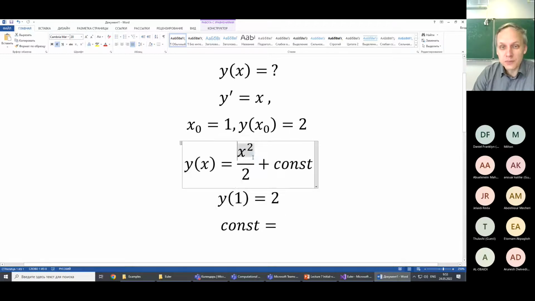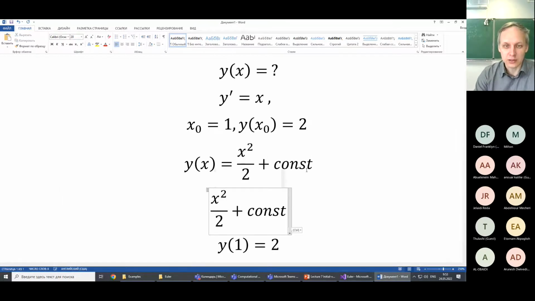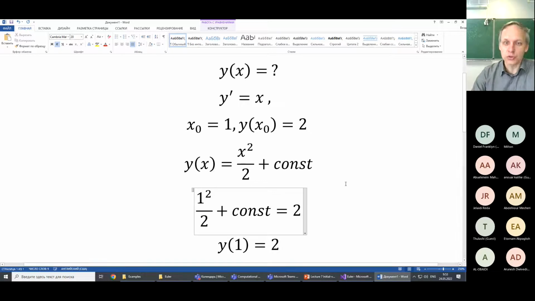What you should do is substitute here 1. To find a constant, you can substitute 1 instead of x. y of 1 equals 2. What is the value of the constant?